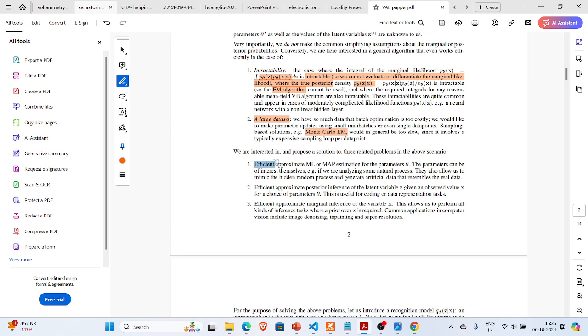So we need to find an efficient ML or MAP estimation for the parameter theta. The parameters are of interest. So we need to find the ML estimate, or maximum likelihood estimate, or MAP estimate of the parameter theta.